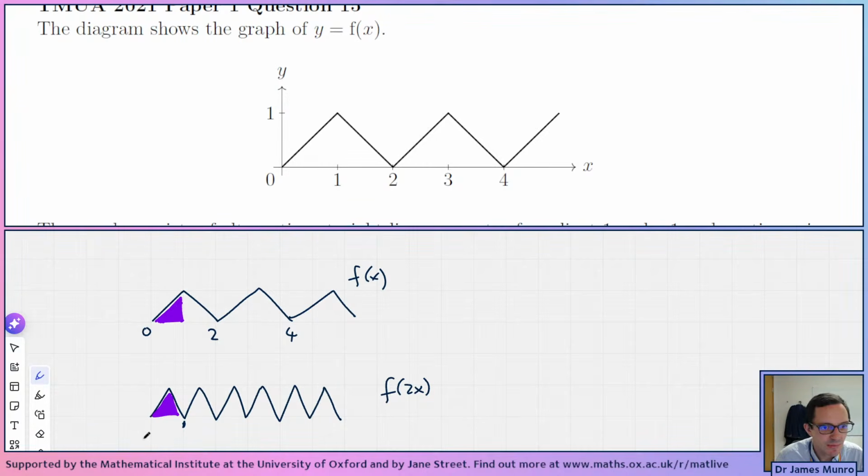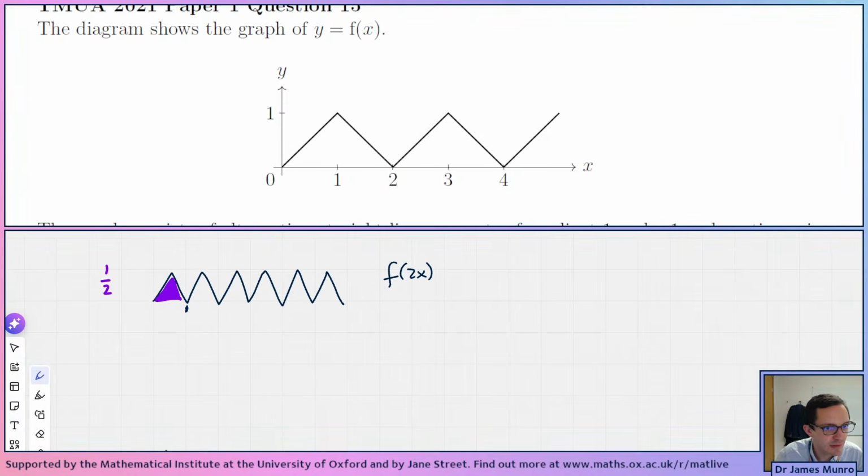Right, so if I integrate this one, that's a triangle with width 1 and height 1, so it's got area 1/2. And then this is a triangle with base 1 and height 1, so it's got area 1/2. Interesting. And then the next one, f of 4x.